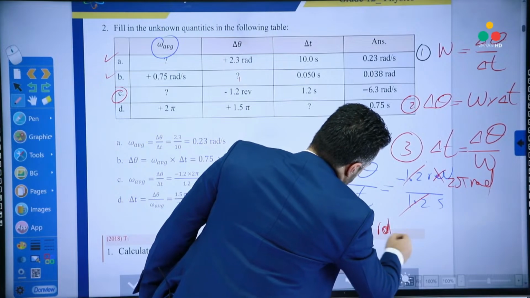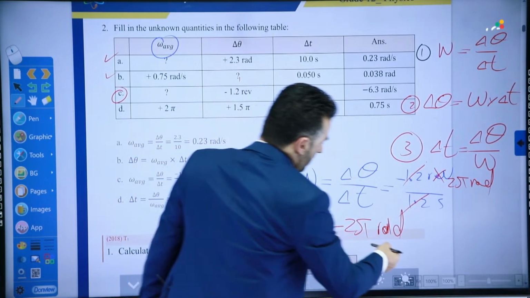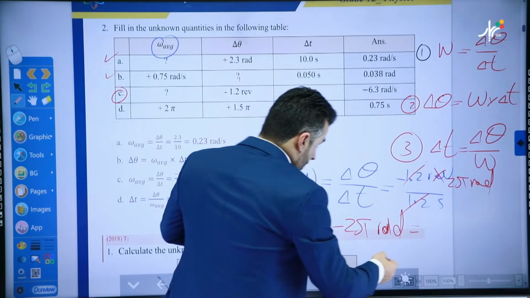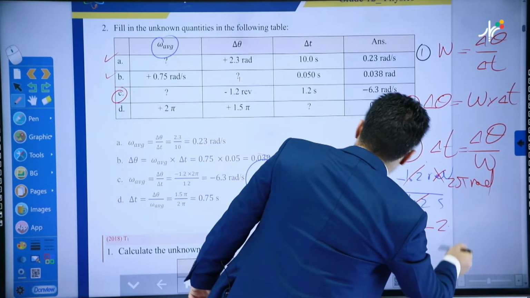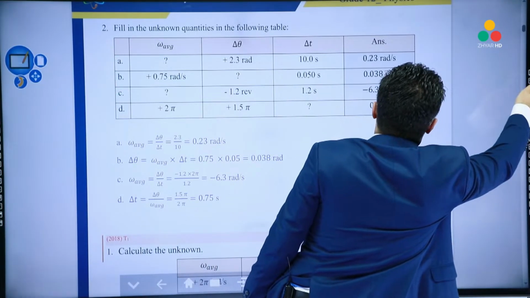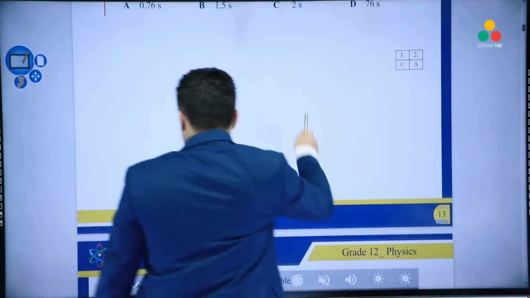And of course, if this is given in the options, that would be great. If not, you can change this negative 2 pi to numbers only. Of course, 2 times 3.14 is going to be negative 6 point... oops, we cannot go back to this now.